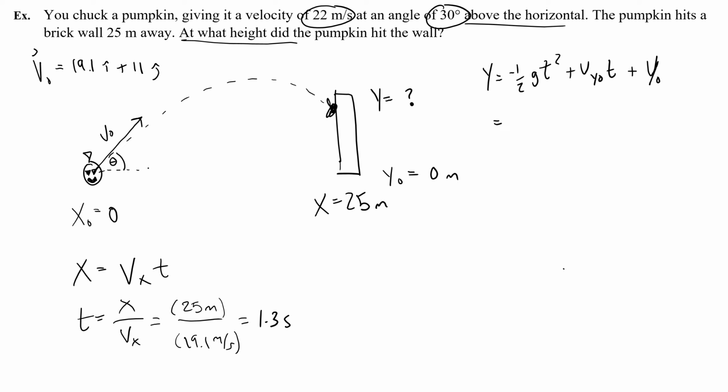The initial height is 0, so we get rid of it, and then negative one-half of 9.8, which is 4.9, times the time, 1.3 seconds squared, plus your initial y velocity, 11 meters a second, times 1.3 seconds.